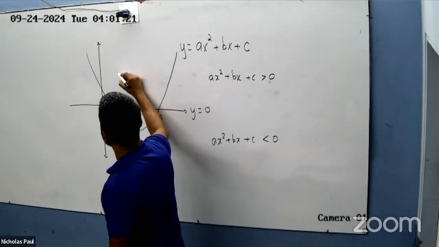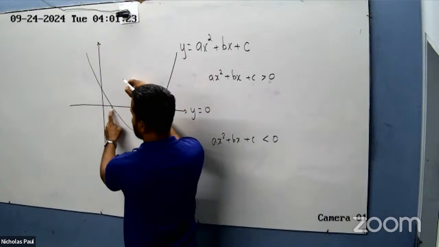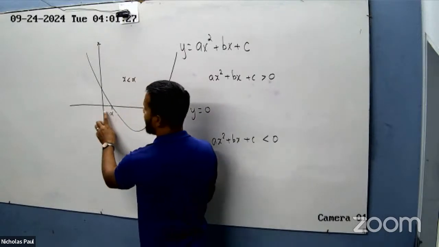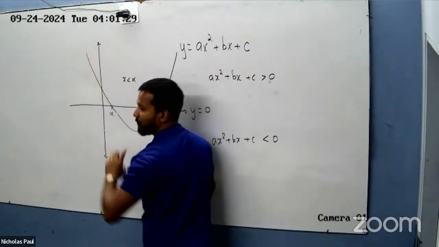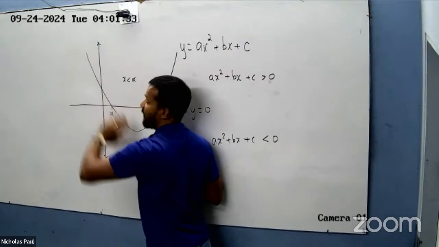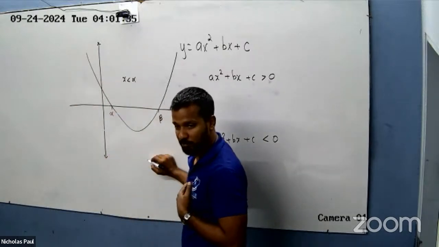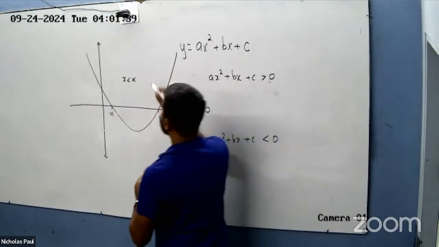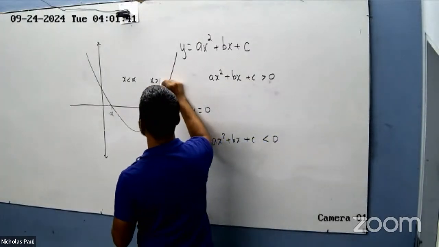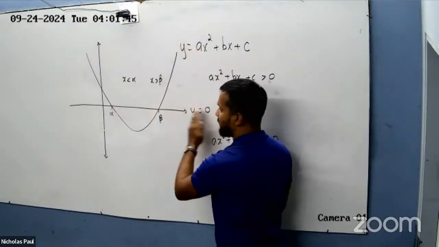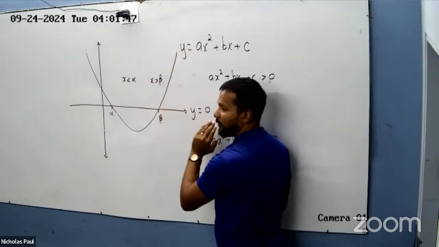To get the part above, all we have to do is take all the x values less than alpha. All these x values here give you y values more than 0. And all the values more than beta, any value more than beta, give you this y value here.